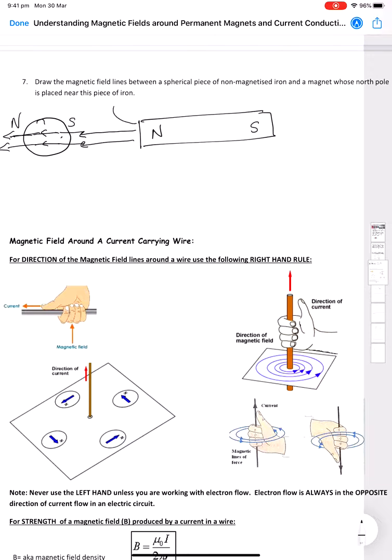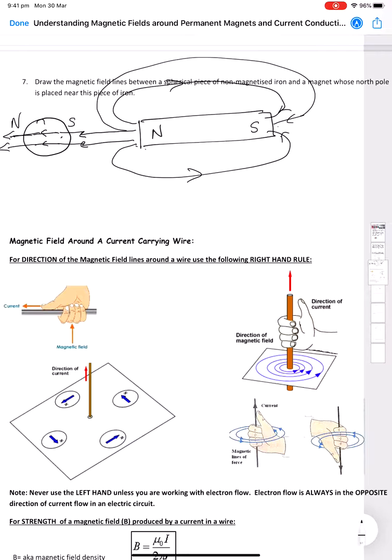Now you should also show a looping around so that the field lines enter the South Pole. And you might show more than one. That's what you would need to do for that problem.